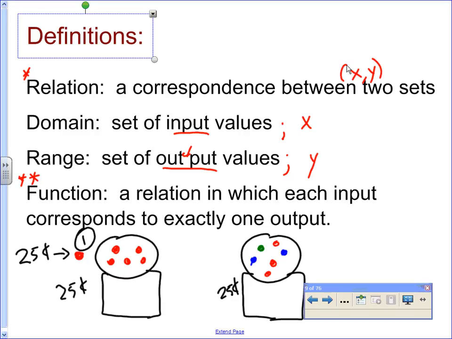All right, in this second situation here, I input 25 cents, and I might get out a blue gumball. Or I input 25 cents, and I might get out a red gumball. Or I input 25 cents, and I might get out a green gumball.